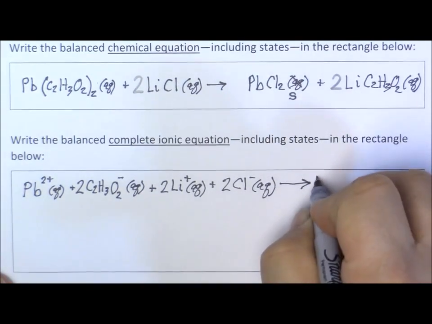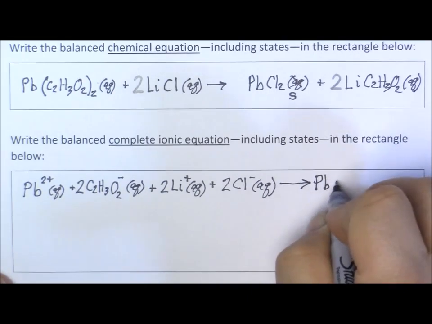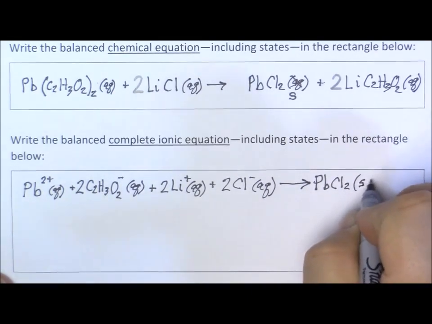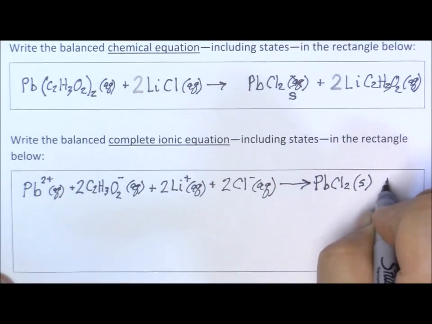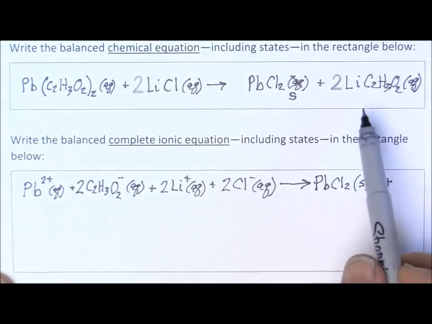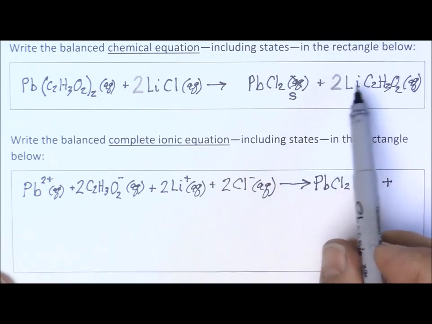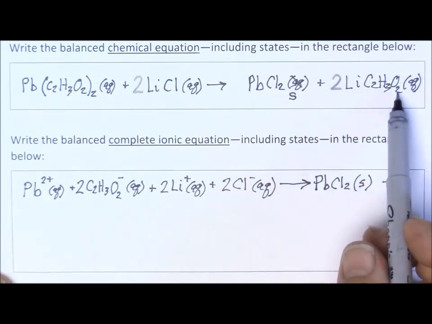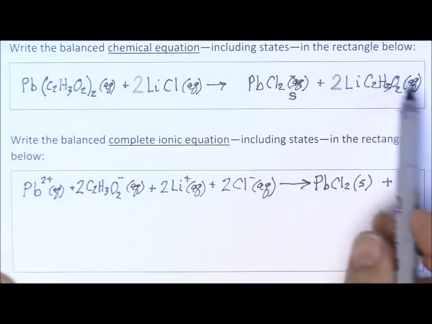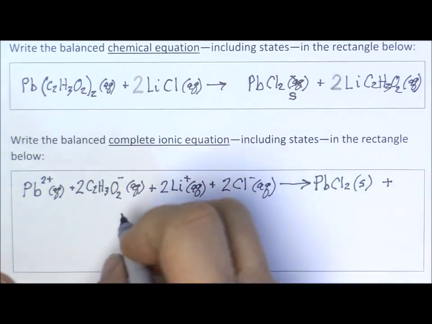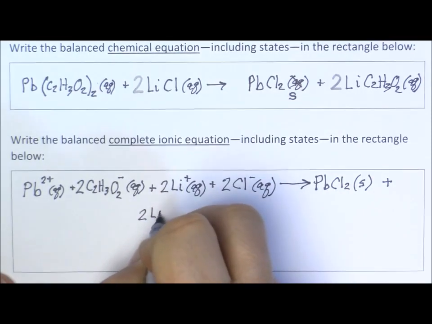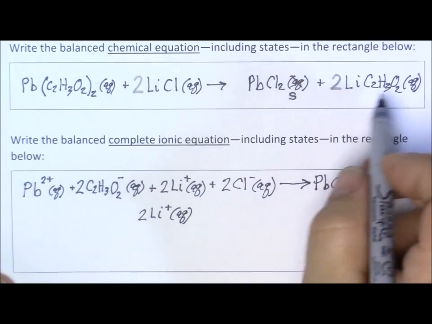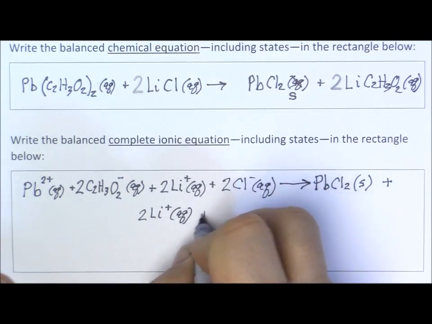So we'll just rewrite it, PbCl2 solid, plus the rest of our products, 2 lithium acetates, aqueous. So we'll break that up or dissociate that into 2 lithium ions and 2 acetate ions.